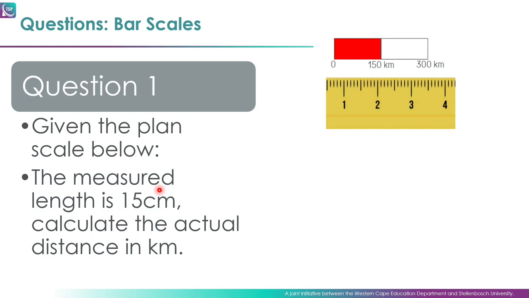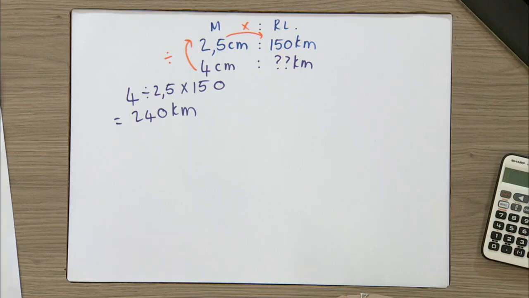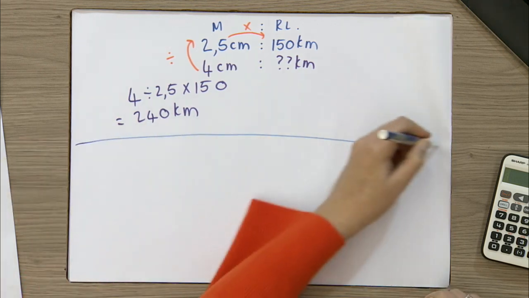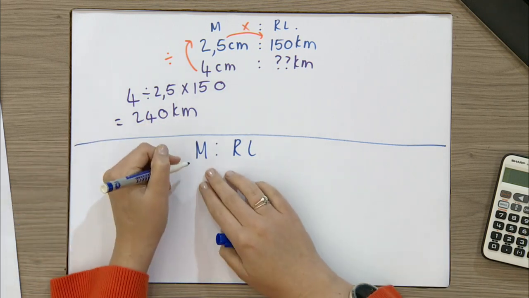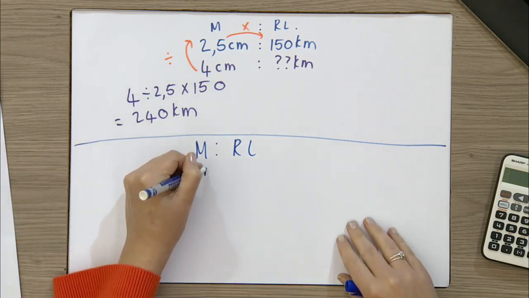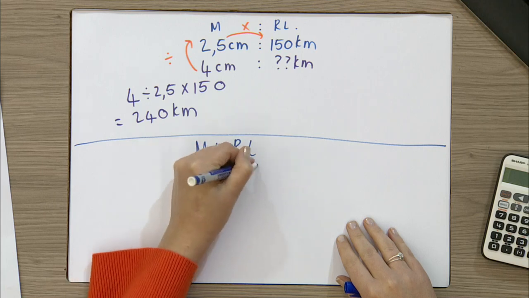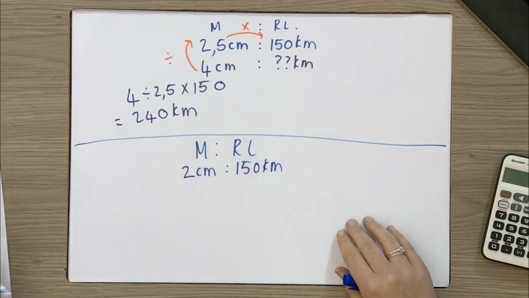So if I look at this scale, now I can see, if I read from here, that 2 centimeters over here is going to be equal to 150 kilometers. So if I write it down for myself again, I will see that in this case, the map to real life, on the map I measured 2 centimeters is equal to 150 kilometers.